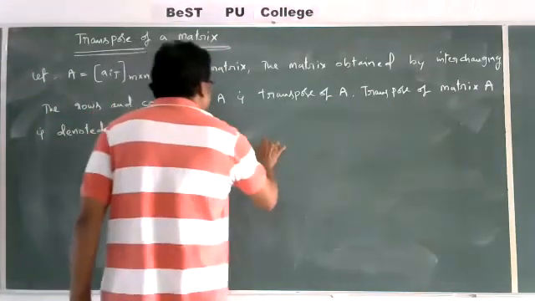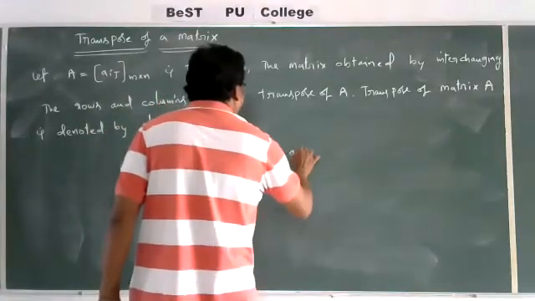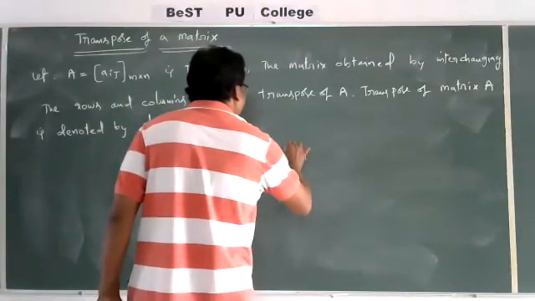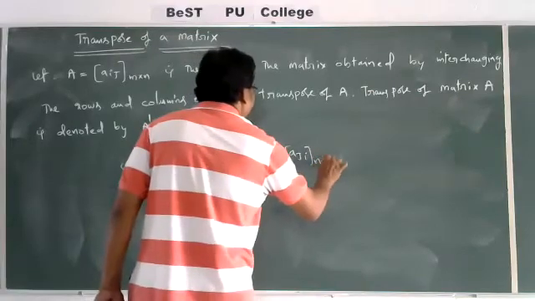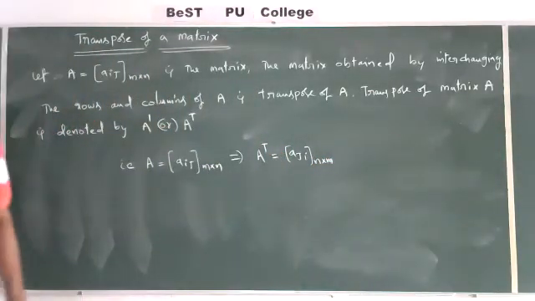That implies A transpose is equal to Aji n by m. Observe this. Columns are interchanged into rows, rows are interchanged into columns.